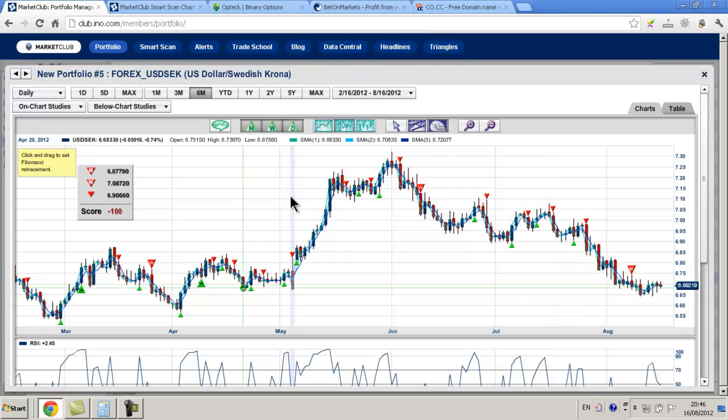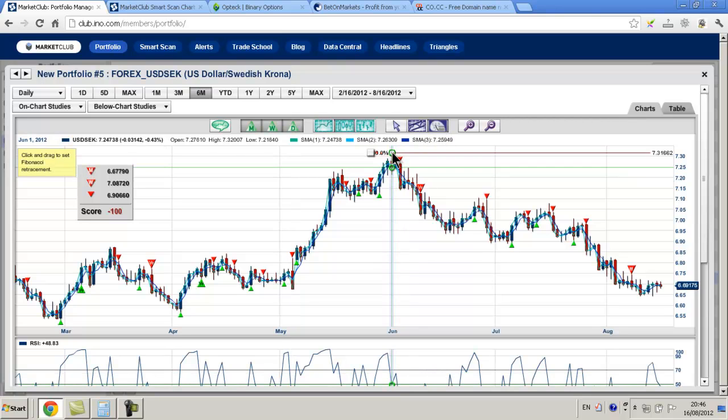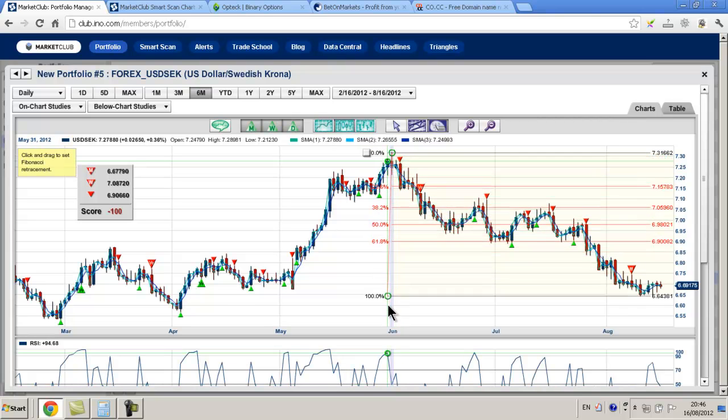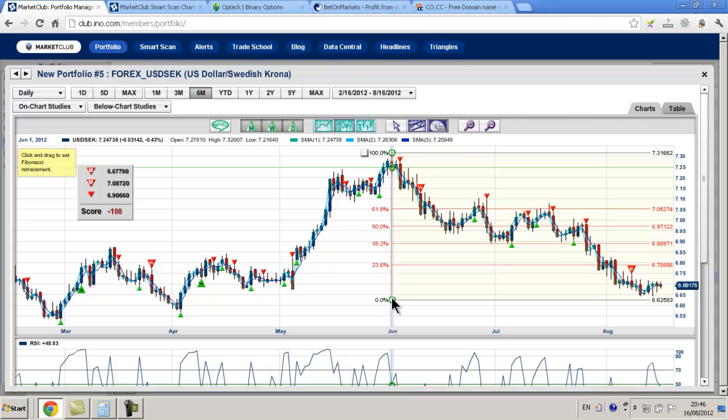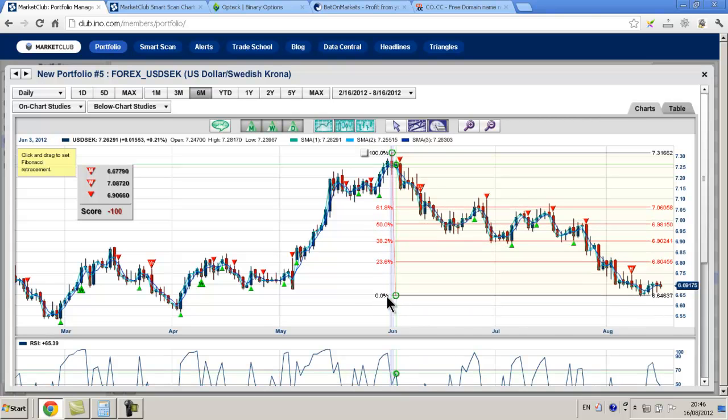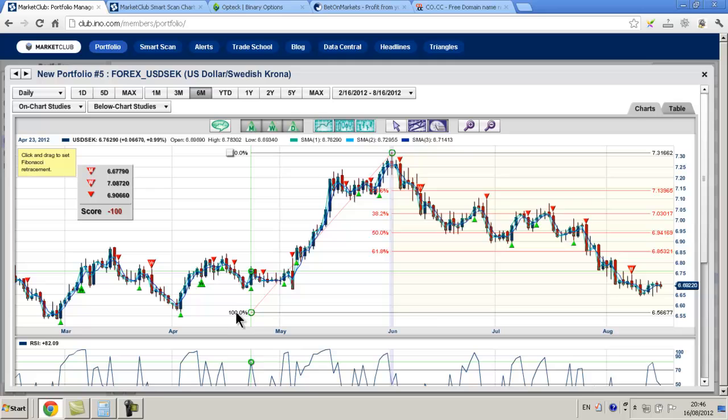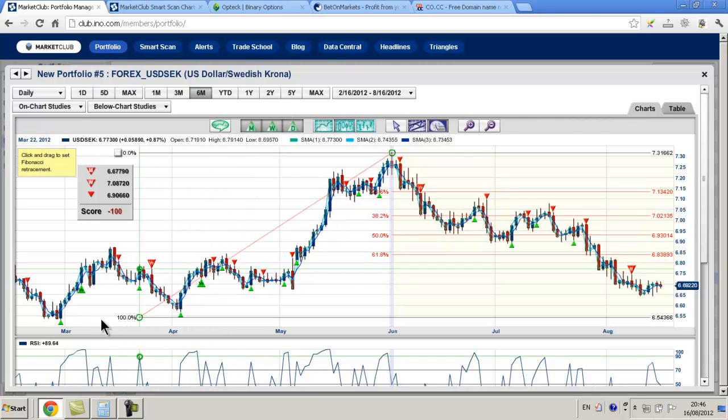So let's have a look at it. First, put our Fibonacci retracement on. Go for the highest point in the last 6 months. Whoops, haven't grabbed it. Okay, and we drag it down to the lowest level. So that's within this, but let's go down to the lowest point in the last 6 months.